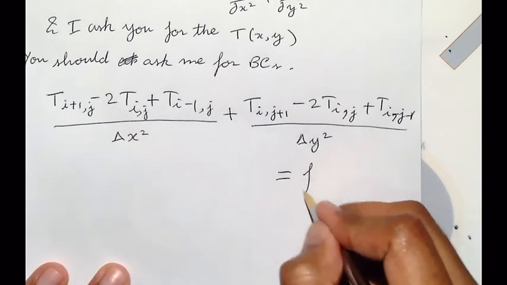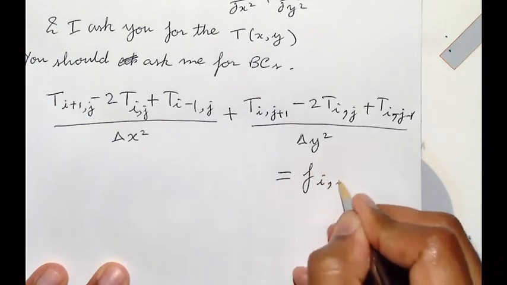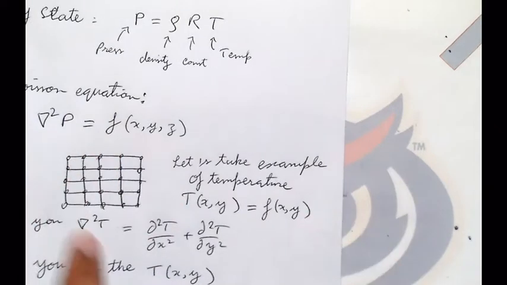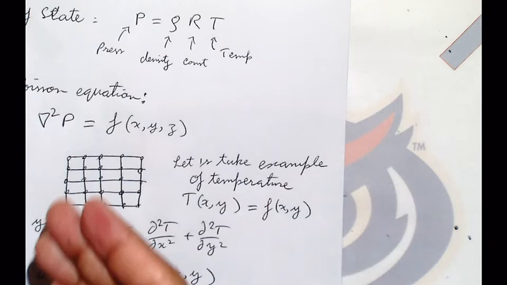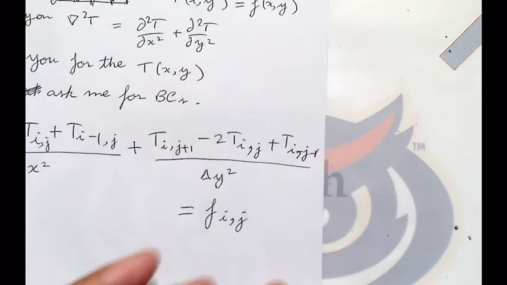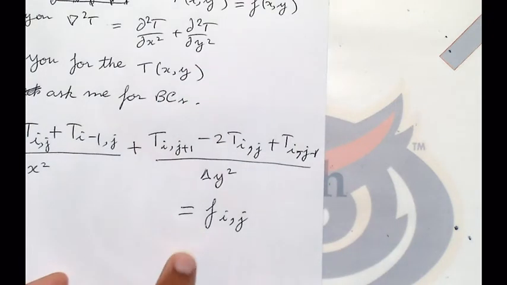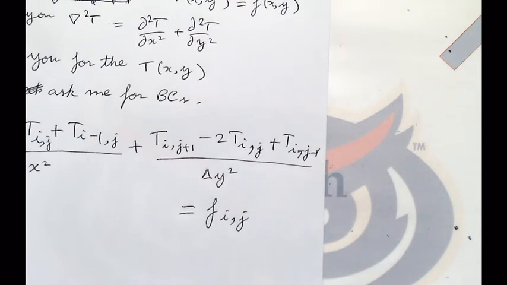Yeah, so it would be f i, j. If I give you a function, you just evaluate it at these node points. If I give you the individual numbers themselves, you would have the values at the i, j nodes. Do we know how to solve this?